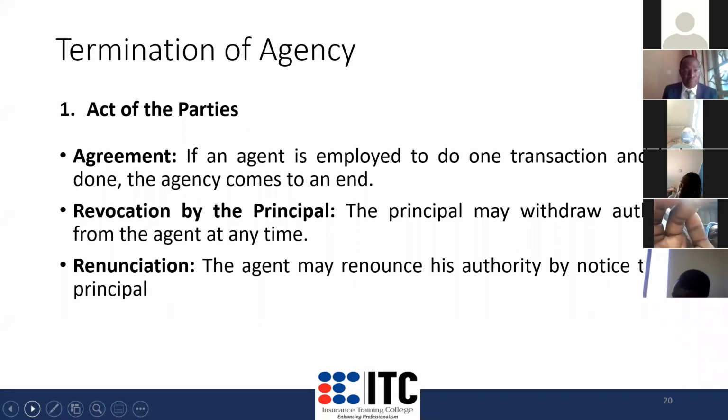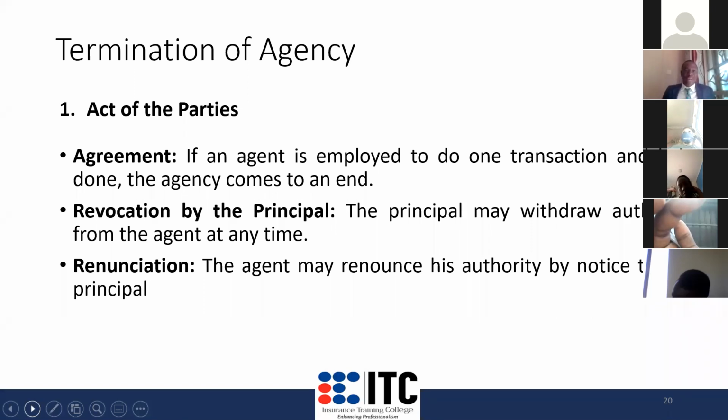In the same way, when one of the parties in this relation feels not comfortable, they can come back and agree to end the contract. This can happen when you've been given a deal for a specific time. They give you a deal to make a sale, one deal closed, and once you close it, it comes to an end.